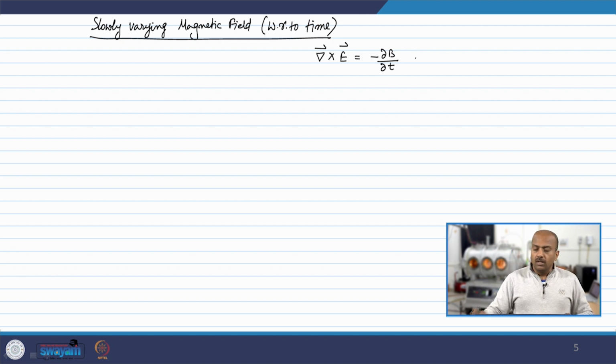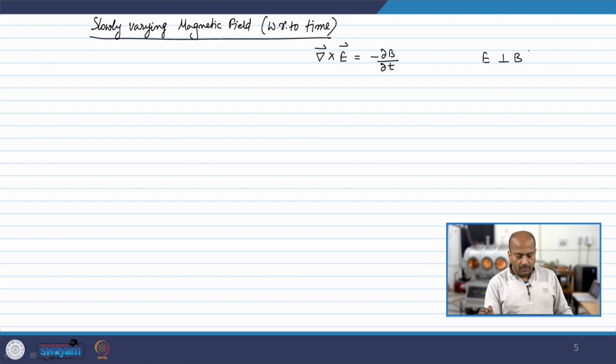What does it mean? The rate at which the magnetic field changes with respect to time is equal to the negative of del cross E. So, when E is perpendicular to B, what will happen?